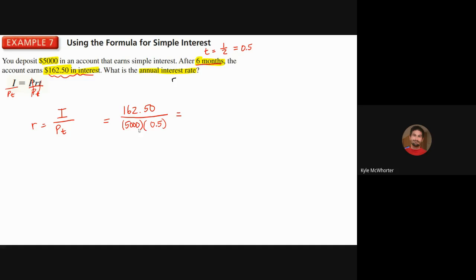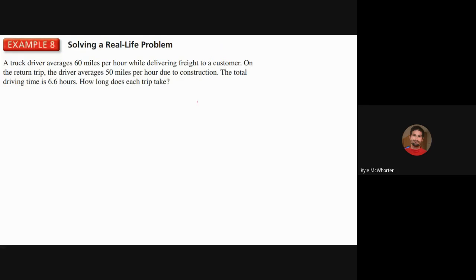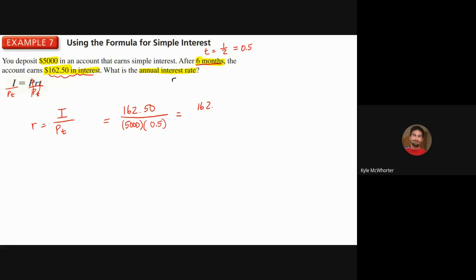So we're going to multiply the 5,000 times 0.5 down here first. And that should be 2,500. So then we're going to do 162.50 divided by 2,500. 162.5 divided by 2,500 is 0.065.